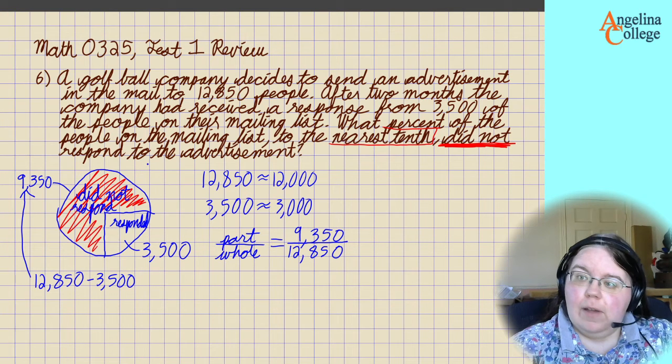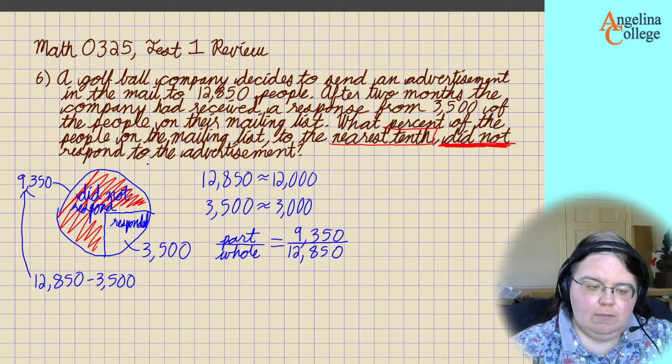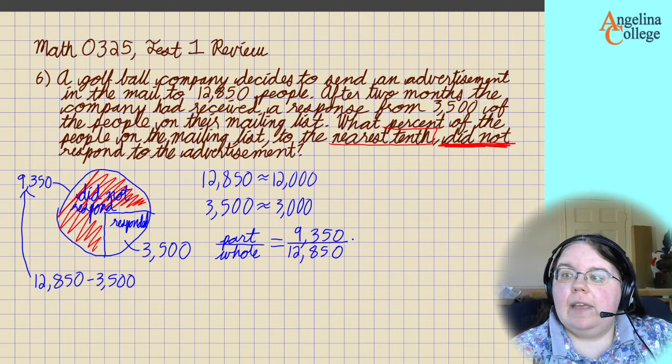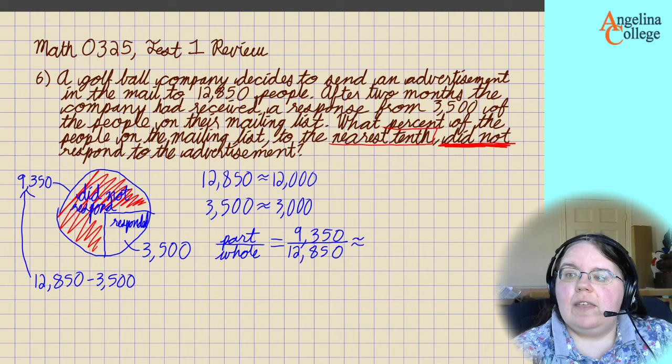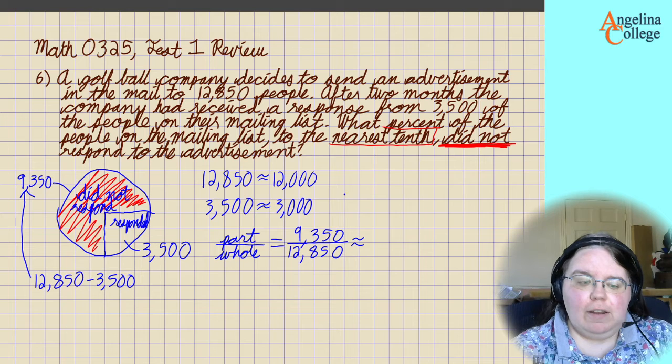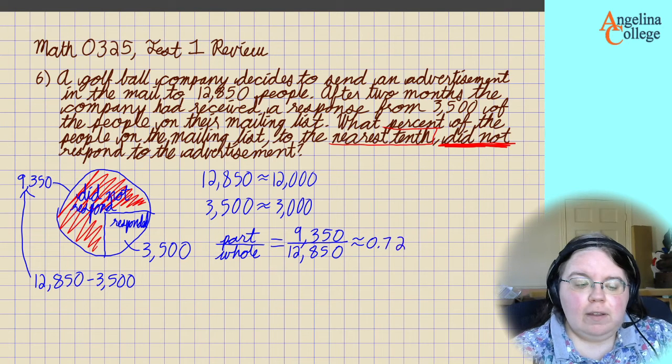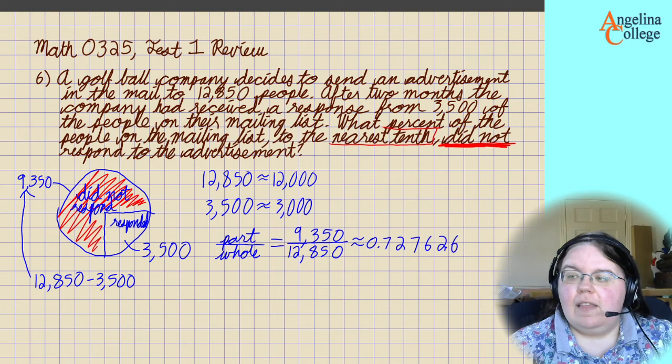9,350 divided by 12,850. And my calculator says, and I'm using the estimation sign because I'm cutting off digits, that that's 0.727626, and then there are more digits.